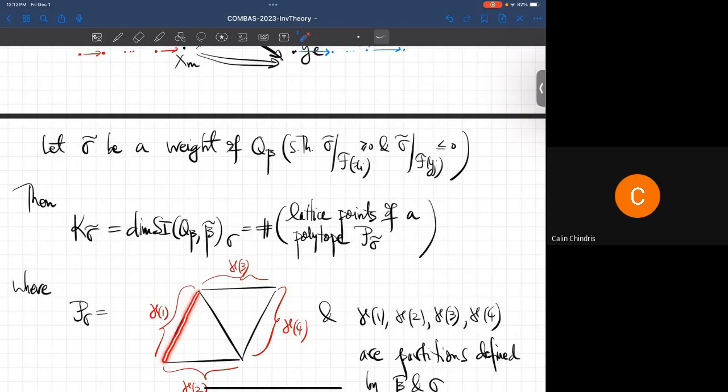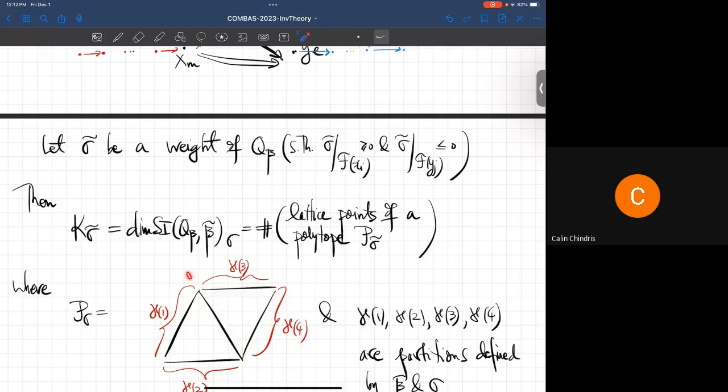And this polytope is actually obtained by gluing together only two Knutson-Tao hive-type polytopes. So this triangle is a hive polytope as defined by Knutson and Tao. These two sides, which are labeled by gamma 1 and gamma 2, the lengths of all the sides that lie along those two bigger sides are fixed by the parts of gamma 1 and gamma 2. And then you have this other hive model, which is a triangle upside down.